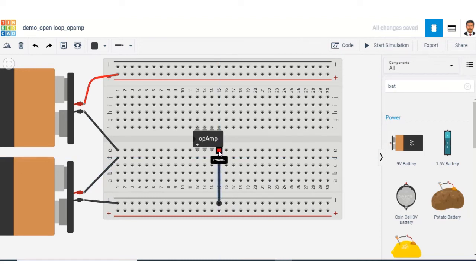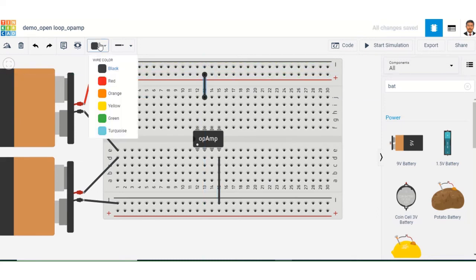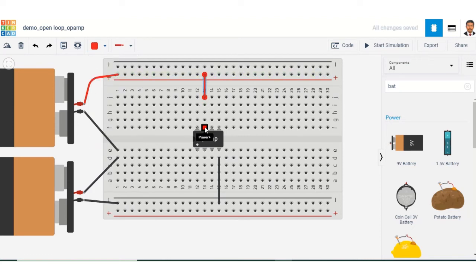And the positive power supply is pin number 7. So positive power supply is given to pin number 7: 1 2 3 4 5 6 7. All right, so we are done with the power supply connection.